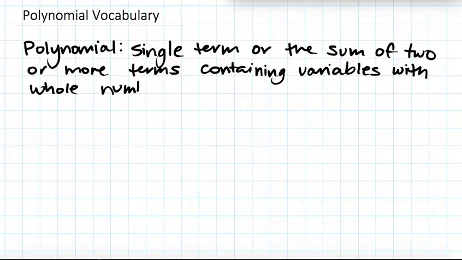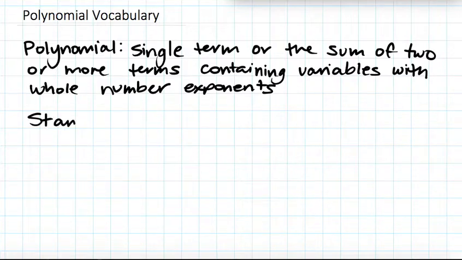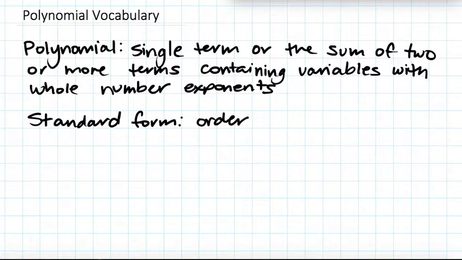So exponents cannot be negative and they cannot be fractions. Only positive whole numbers. We also have what's called standard form, which is when a polynomial is written in order from the largest exponent to the smallest.